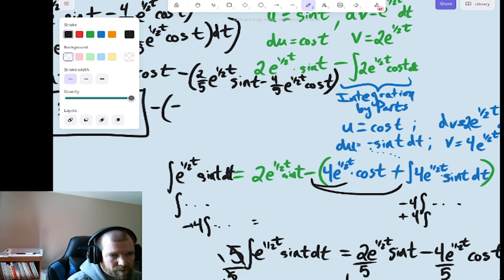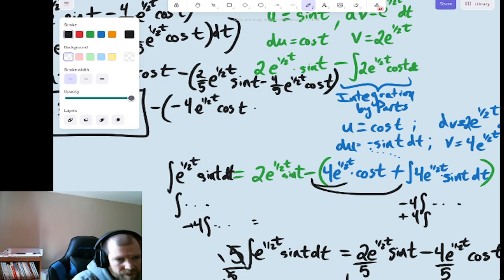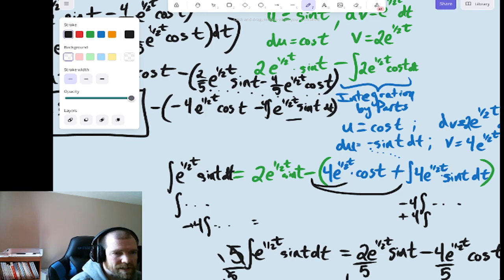So we should get a minus 4 e to the 1/2 t cosine t minus 4 times the integral of e to the 1/2 t sine of t dt, which we already know from above is, again, this thing. So all that's going to get replugged in to this last term here.